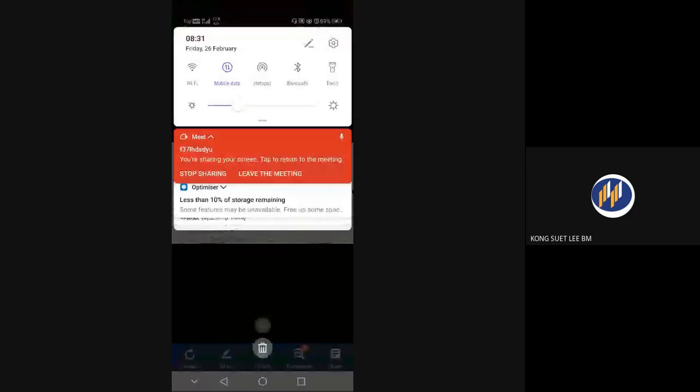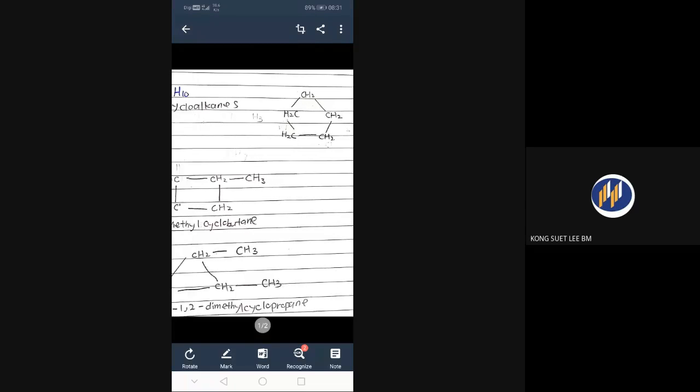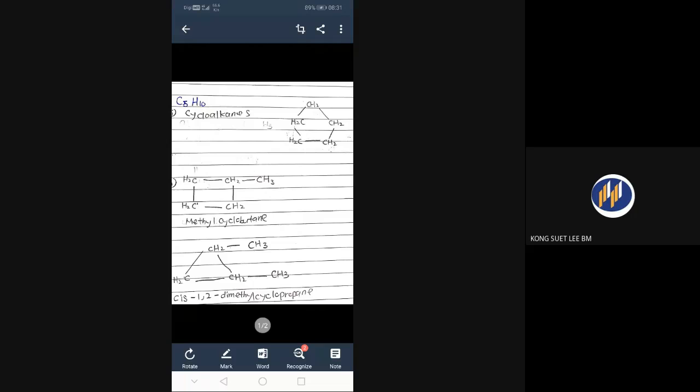Wait, Mingy, the screen is not showing here. Maybe you can rotate your screen to make it horizontal, or if not, then zoom your answer. Okay, this one is clearer. Okay, good.